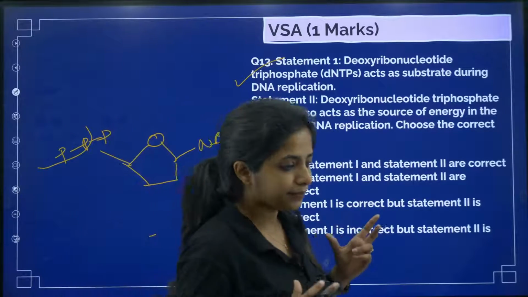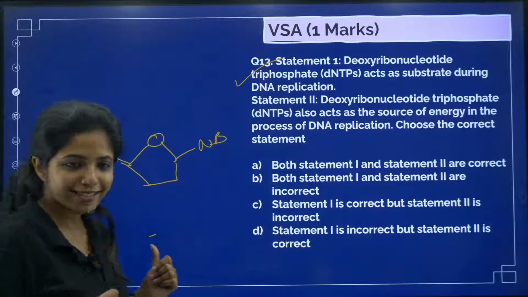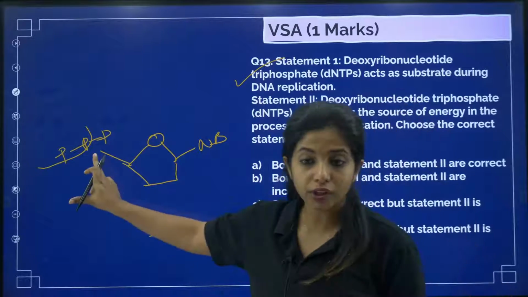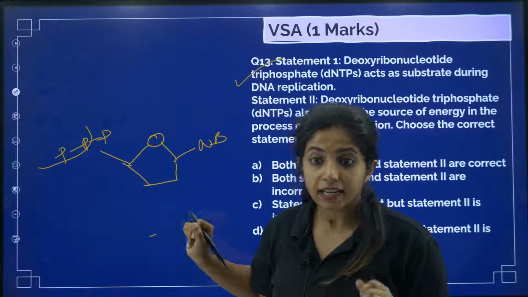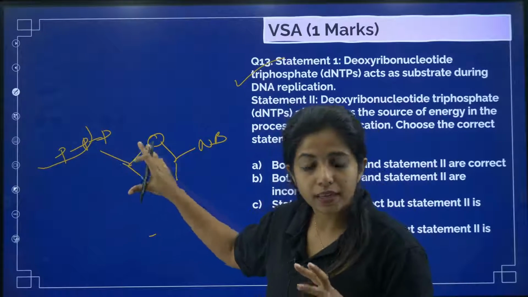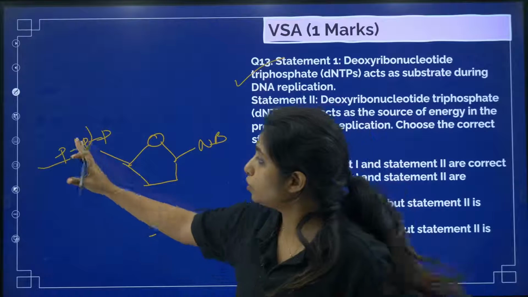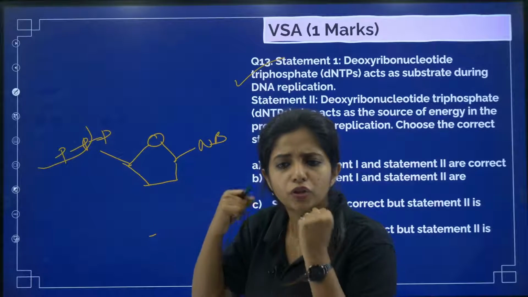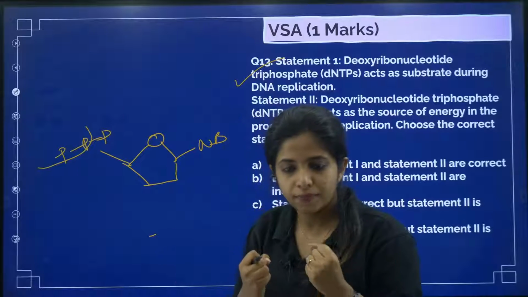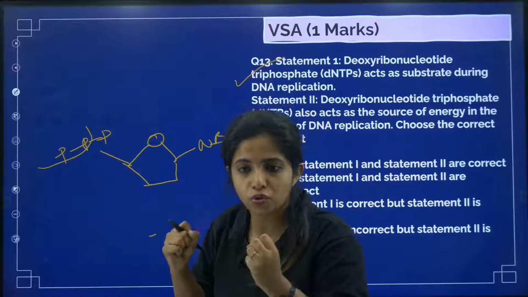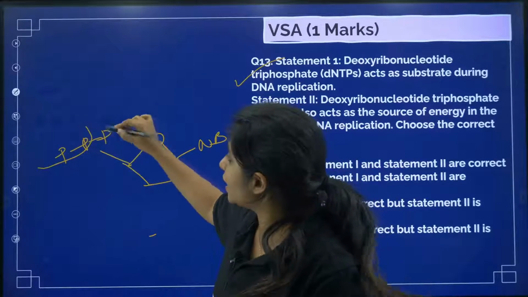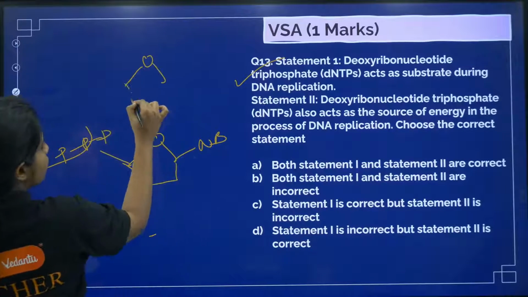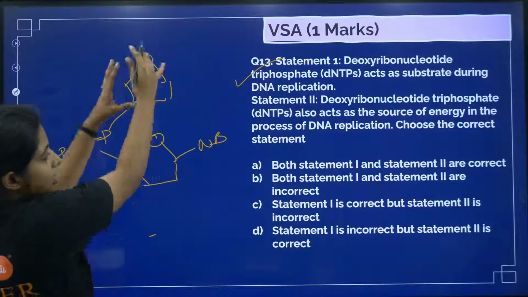Can you explain why? Any guesses? I'll tell you for the people who do not know. It's okay to not know. So I told you there is triphosphate. Whenever you are making the DNA molecules, I told you this bond is being broken. When this bond is being broken, my dear children, there is lots of energy being released, stored in these bonds, such that it helps in the formation of bonds between these nucleotides.